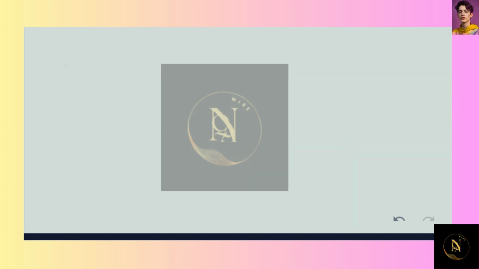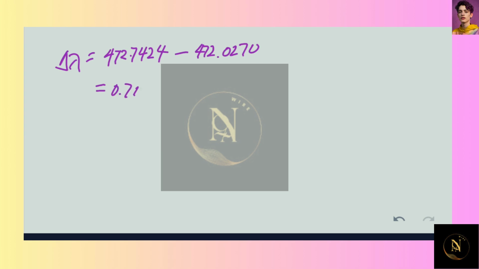So the difference in the wavelength is probably around 0.715 micrometers.